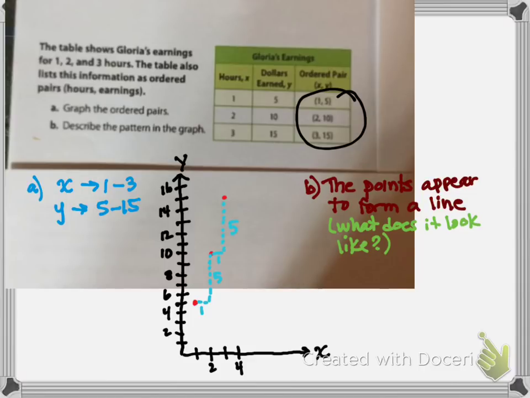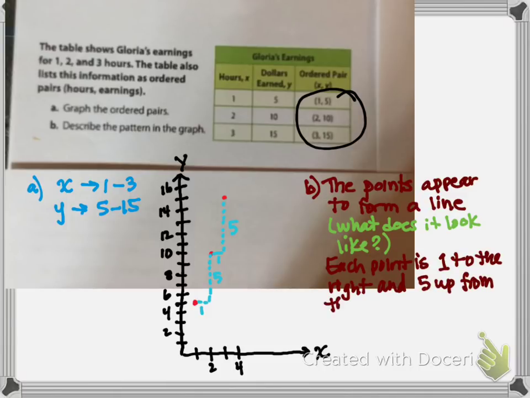And so the second part that I'm going to respond with is, each point is 1 to the right and 5 up from the previous point.